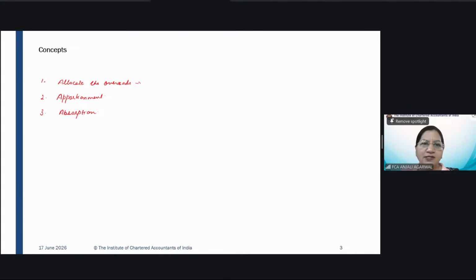Allocation means you will know exactly where the cost of the overheads should be charged. For example, I'll take an example here. Let's say that there are three friends who visit a restaurant. One orders a burger, the second orders a pizza, and the third orders a cold drink.